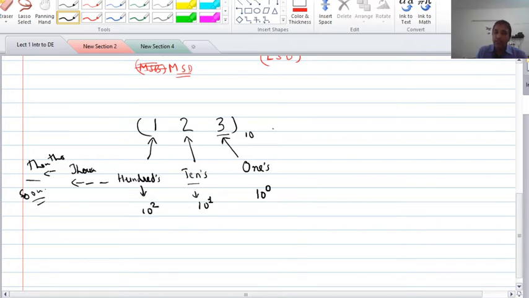We can also represent this value starting from the right-hand side, that is from the LSD: 3 into 10 raised to power 0, plus 2 multiplied by 10 raised to power 1, plus 1 multiplied by 10 raised to power 2.